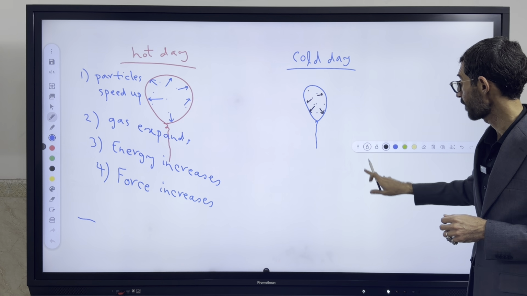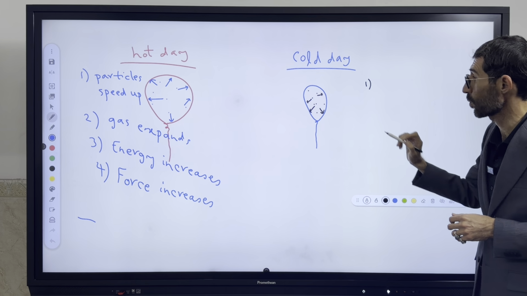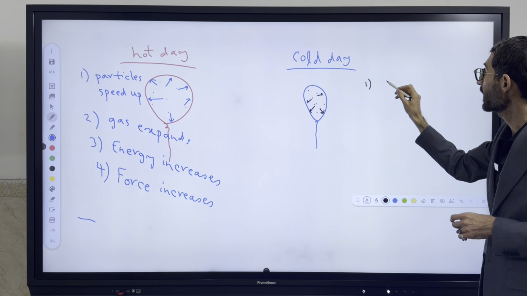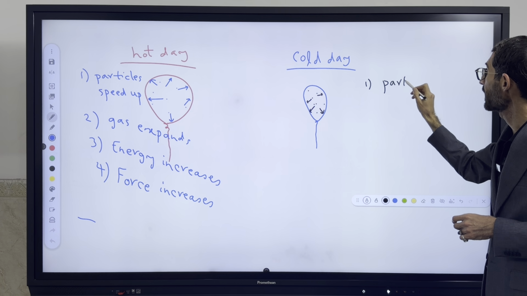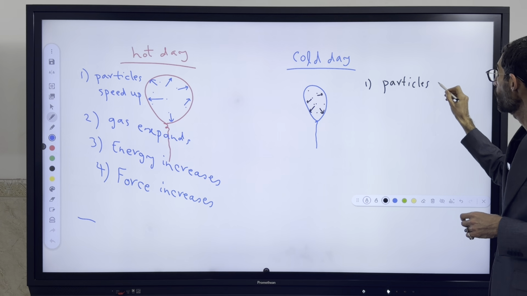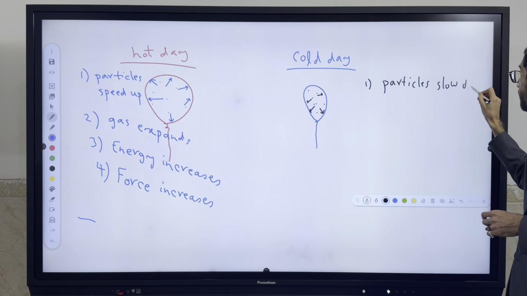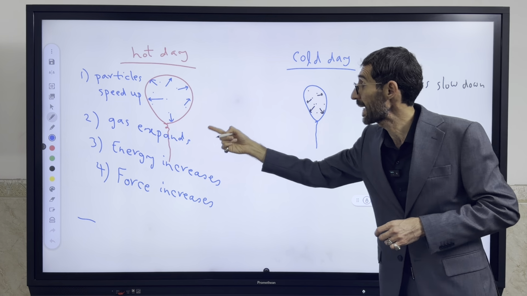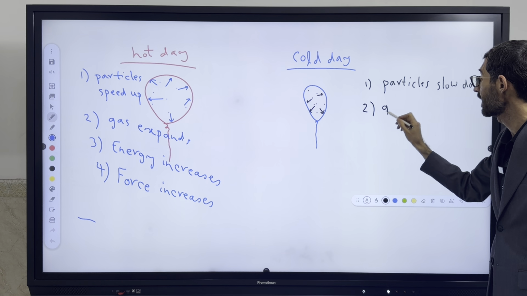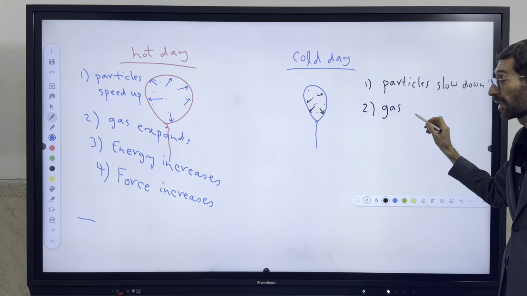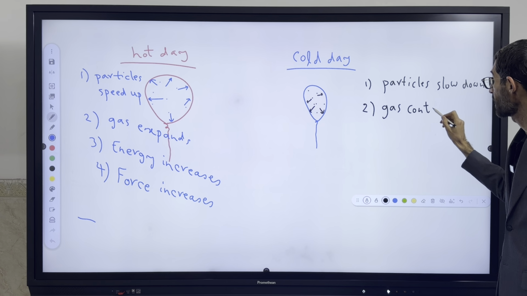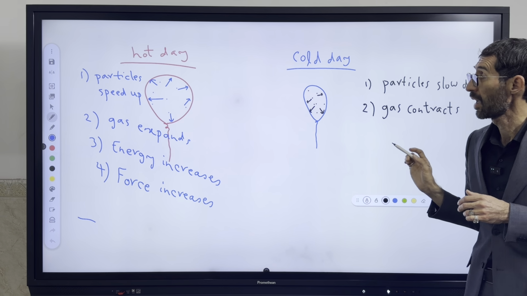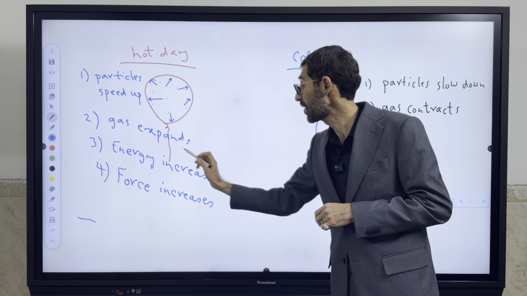Let me write the consequences for you, and I want you to be with me. The first one. Over there on a hot day, we said particles speed up. Right now, I say particles slow down. This is the first one. Number two, over there on a hot day, we said gas expands. Right now, I say gas contracts, right? Gas contracts. Actually, the signal for a cold day, gas contracts. The third one, on a hot day, we said energy increases.